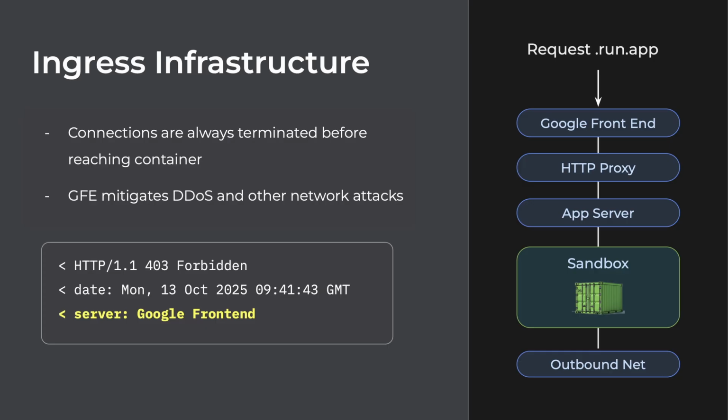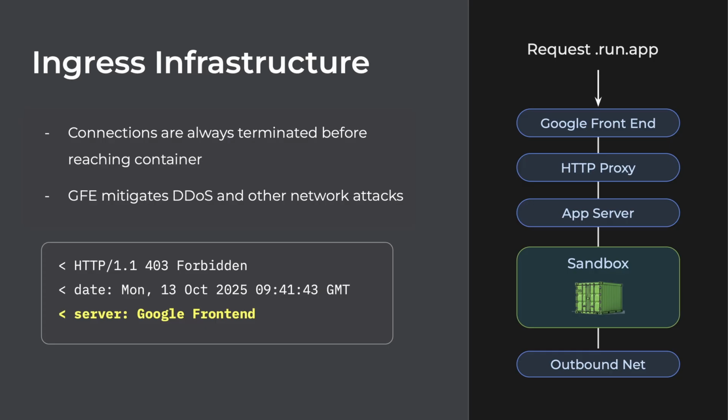Any request that originates on the internet and comes to your service, or any service for that matter that runs inside Google Cloud, will first meet Google Front End, and it mitigates a number of network attacks. They do lots of stuff there. One of the biggest attacks on record was 4 million requests per second, which was mitigated by Google Front End, protecting the customers inside.